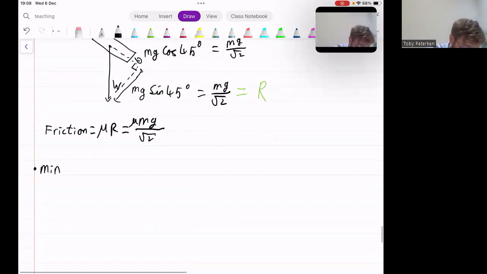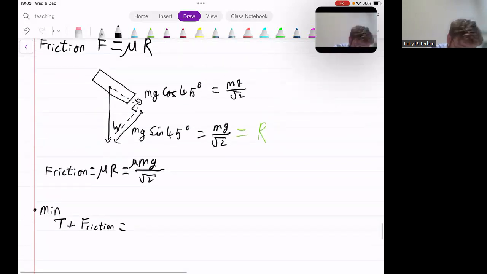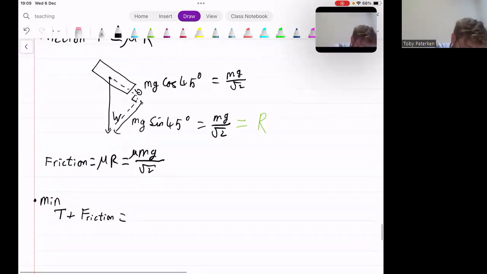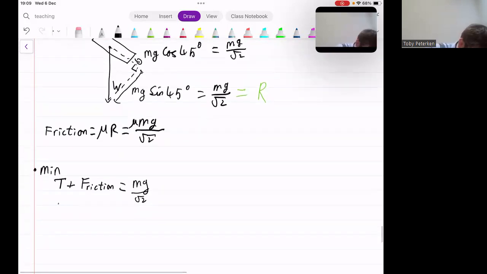So we have T plus friction equals the component of the weight down the slope, which is mg over root 2. And we've already said friction is mu mg over root 2.